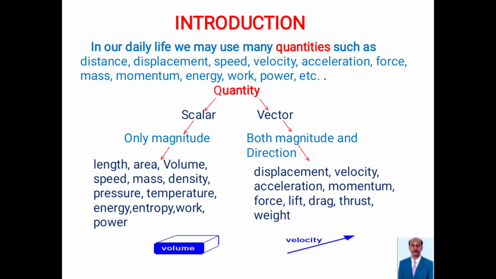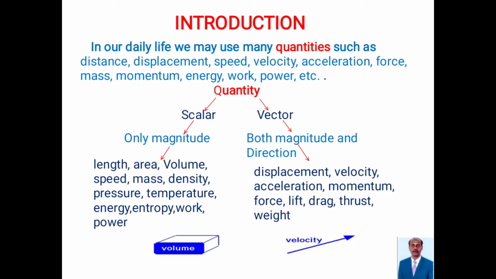One is the scalar quantity, another one is the vector quantity. So what is the meaning of scalar? When we say a quantity is scalar, it is a quantity which contains only magnitude. For example, length, area, volume, speed, mass, density, pressure, temperature, energy, entropy, work and power. All these are known as scalar quantities.